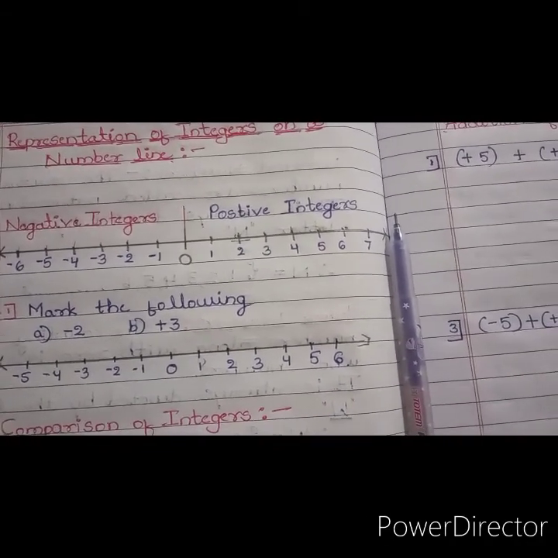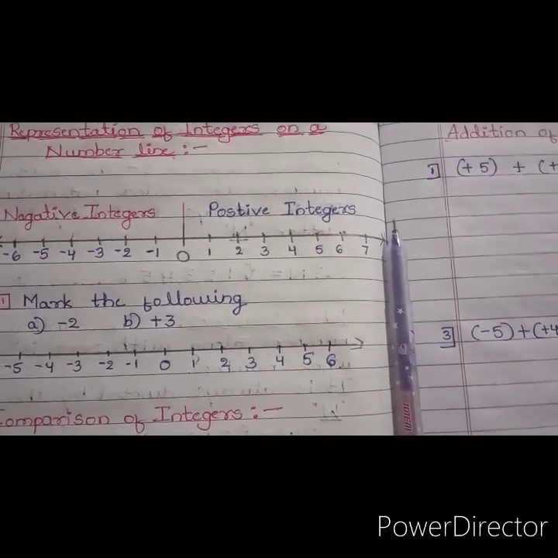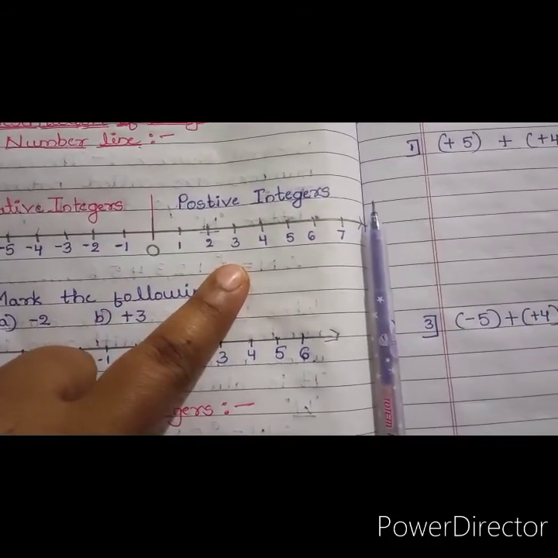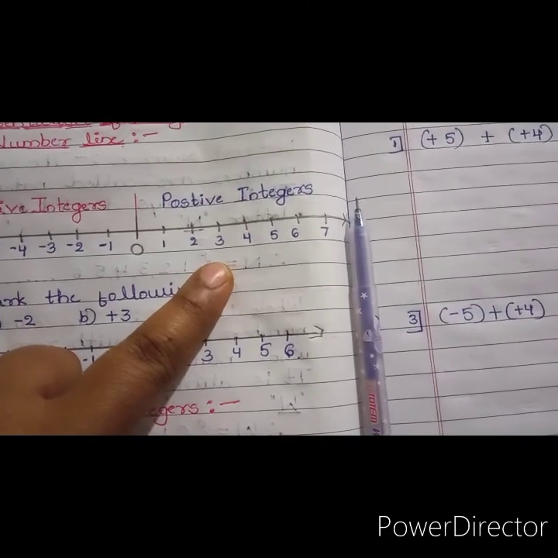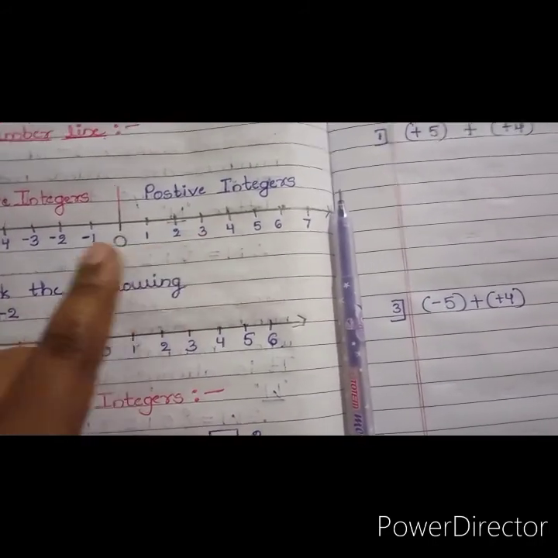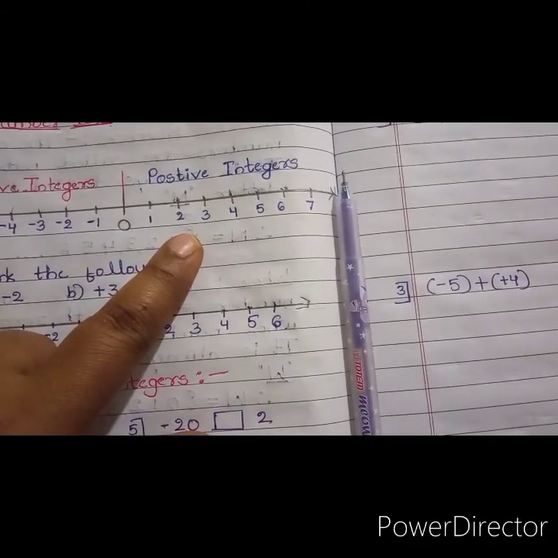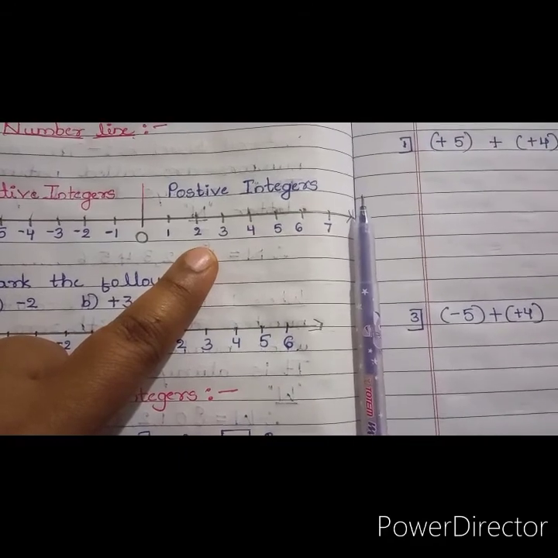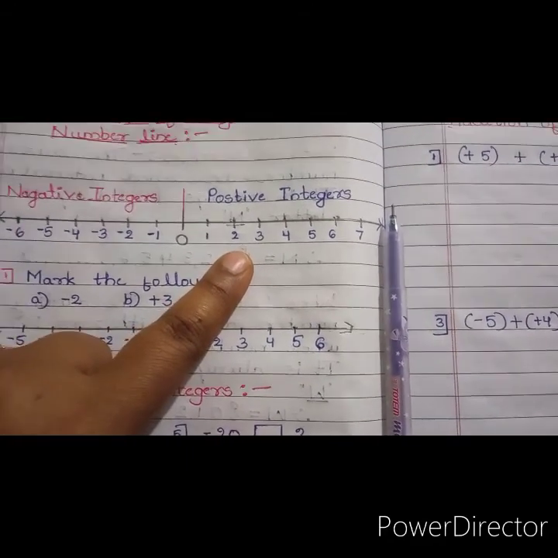Numbers to the right of 0 have positive sign. So they are positive integers. Numbers to the right of 0 having positive sign, that's why it is called positive integers or positive numbers.